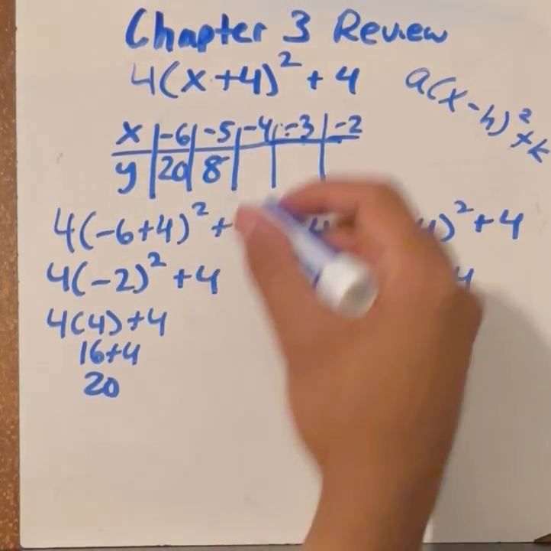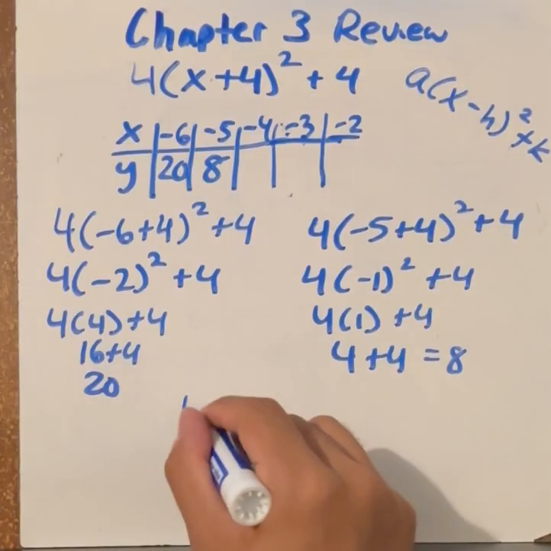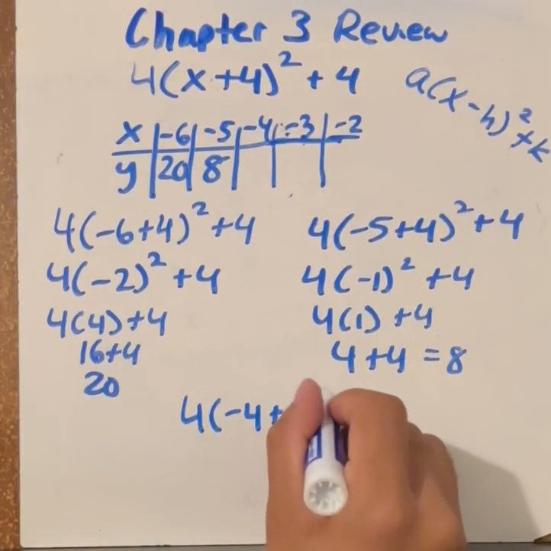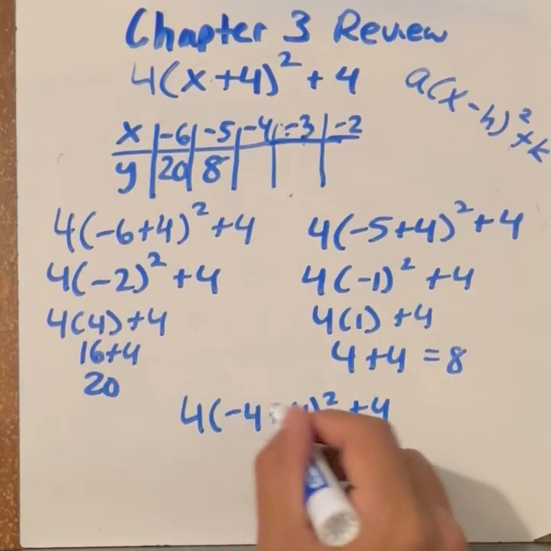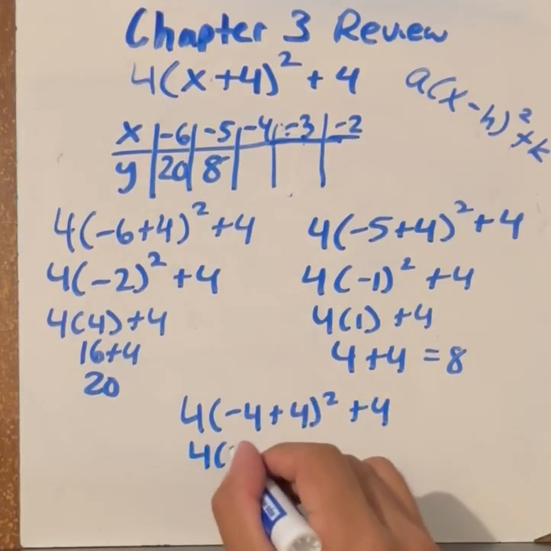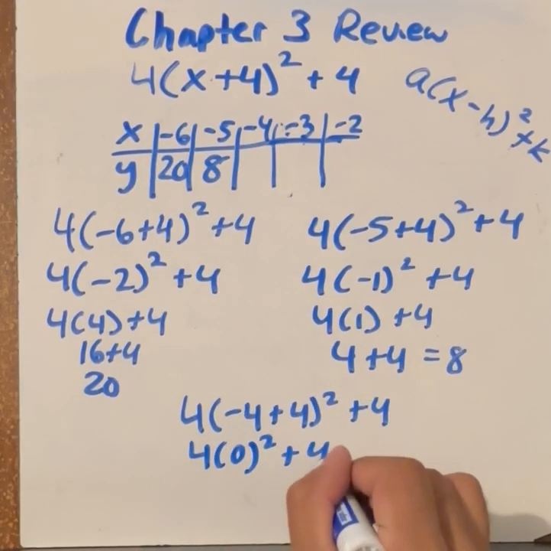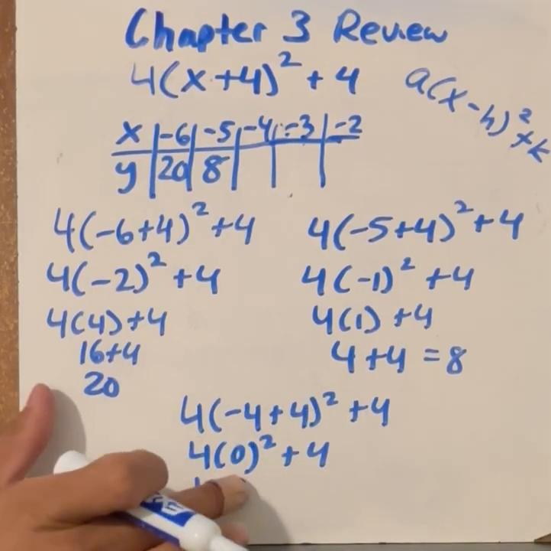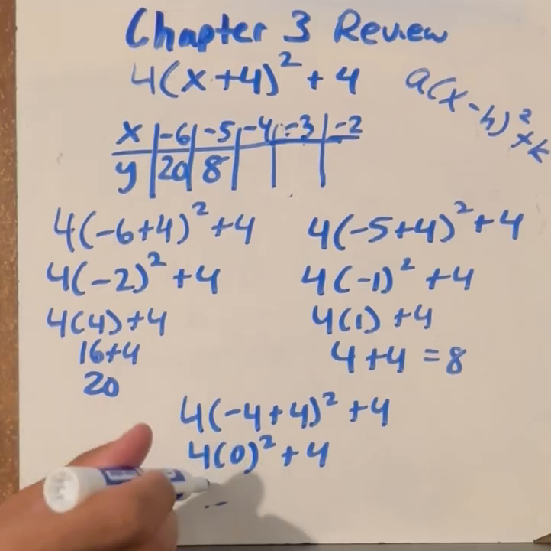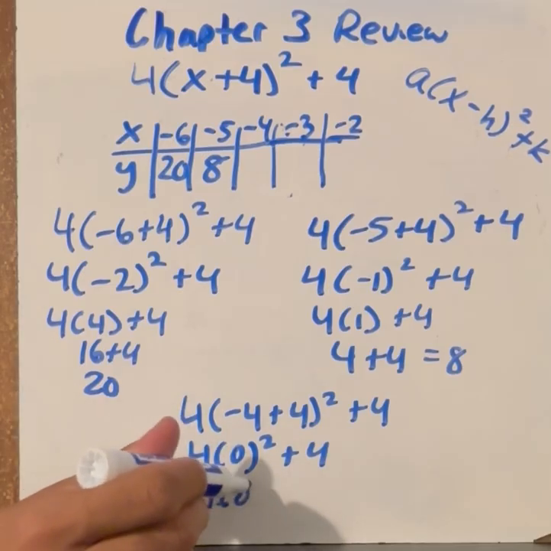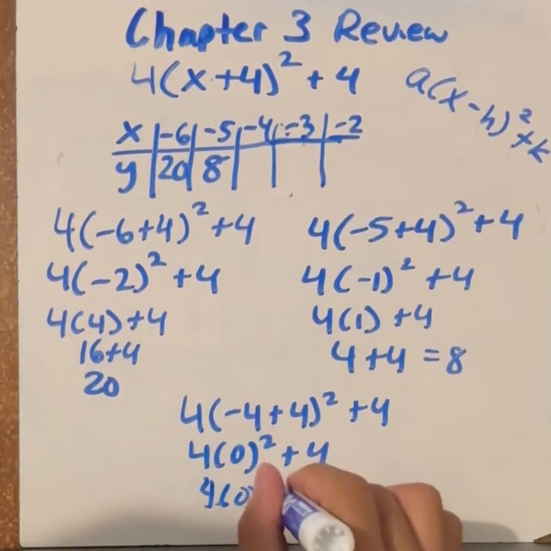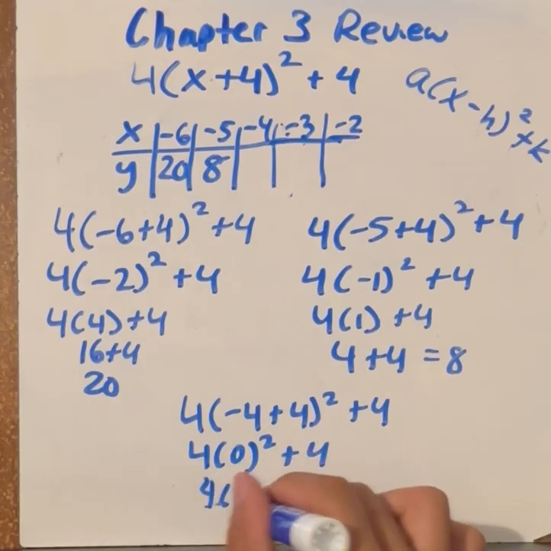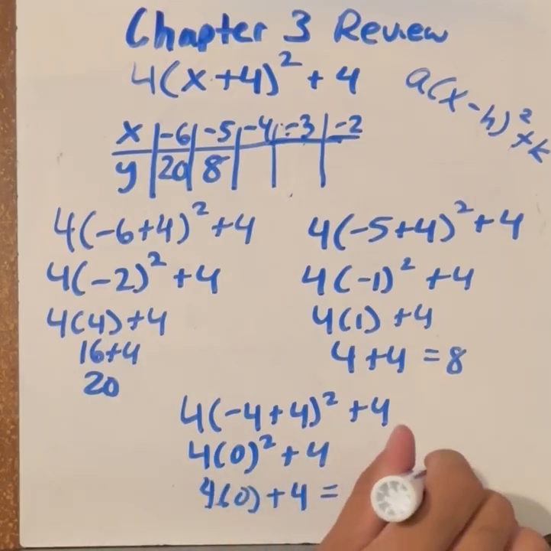Okay, then let's plug in a negative 4 for the x. So we get 4 times negative 4 plus 4 squared plus 4. Negative 4 plus 4 is 0, so 4 times 0 squared plus 4. 0 squared is 0, so 4 times 0 is 0, and so 0 plus 4 is 4.